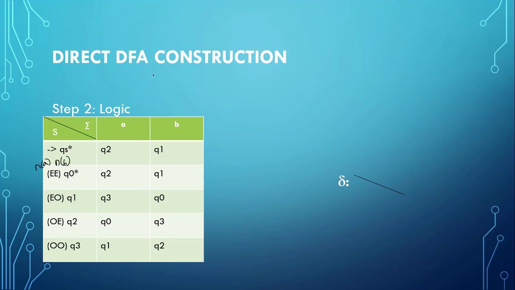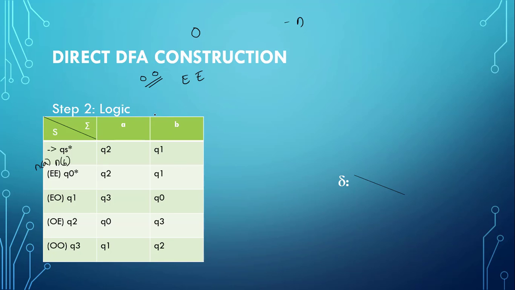Since QS will have 0 A's and 0 B's present in the initial stage, it will have an even number of A's and an even number of B's, since our even numbers start from 0 to the nth number in our number series. So here QS and Q0 are representing an even number of A's and an even number of B's.